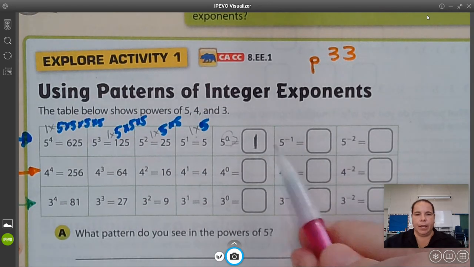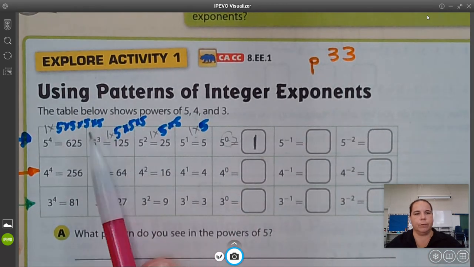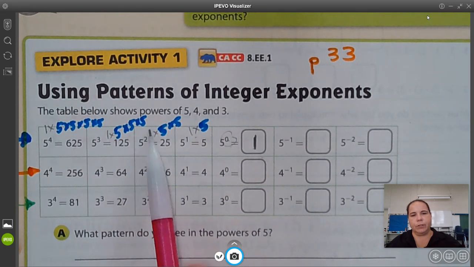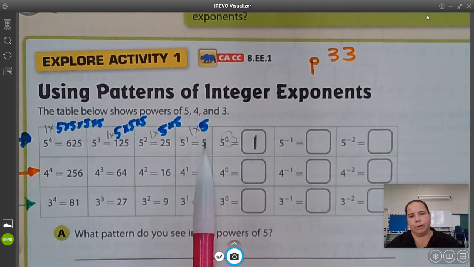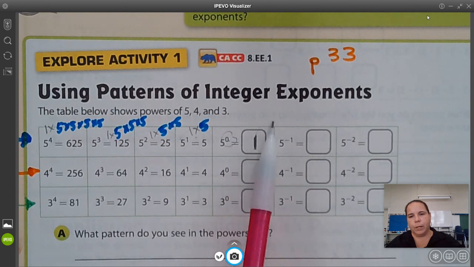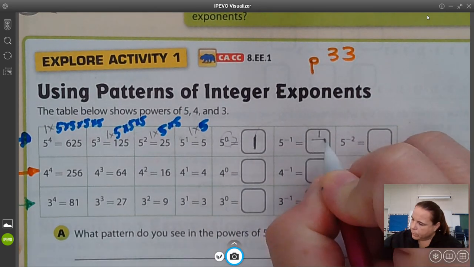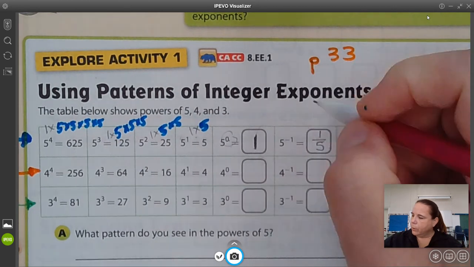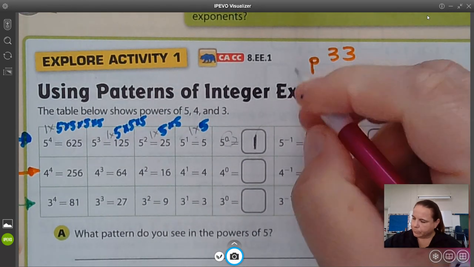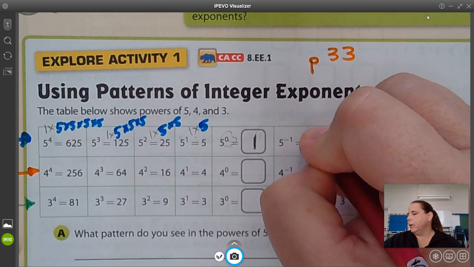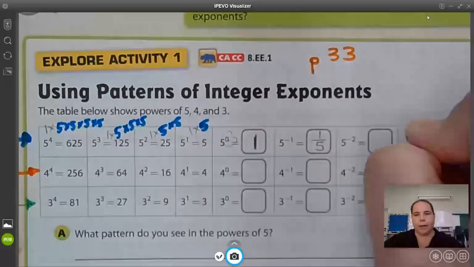And then as we get to the negative exponent, you can think to yourself, you're dividing by 5 each time. 5 divided by 5 is 1. 1 divided by 5 is 1/5. So you are continuing that pattern.